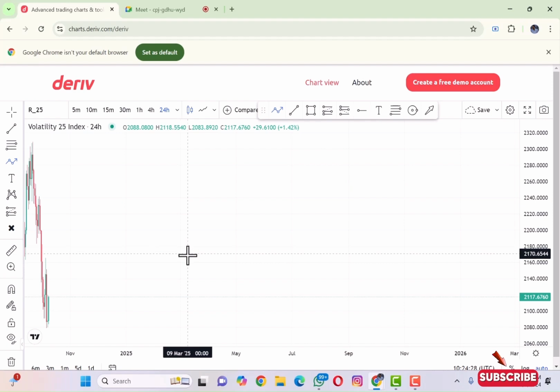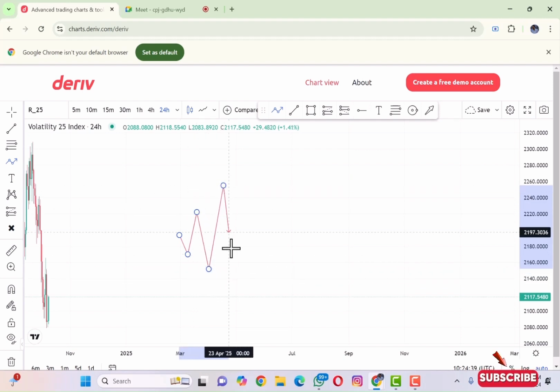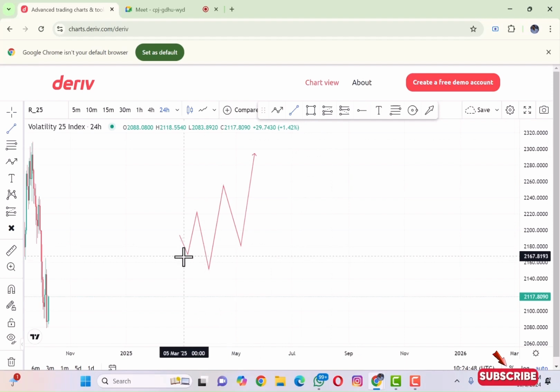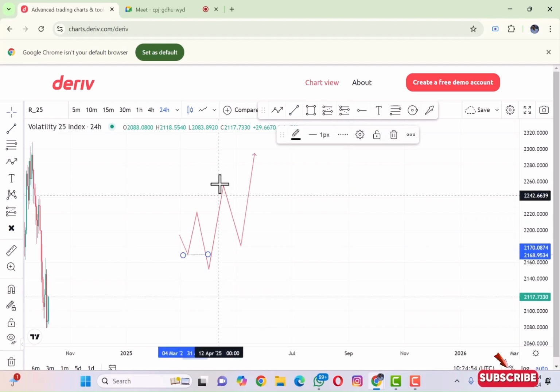I said that when you have a setup that looks like this, we want to see a sweep and a break, and then something like this. This was the basis of the setup we used in the case of a bearish scenario, and we said that we have a sweep here, and once we have this sweep, we have a new break.